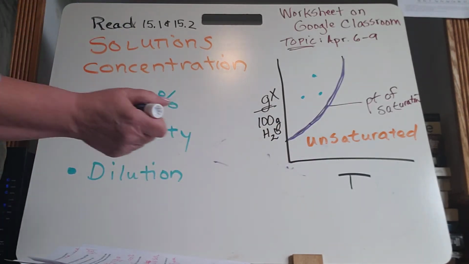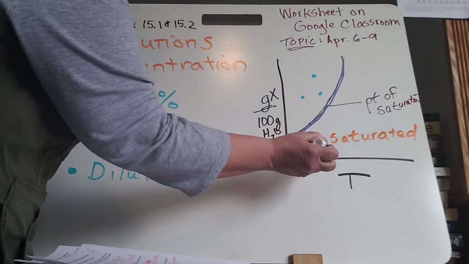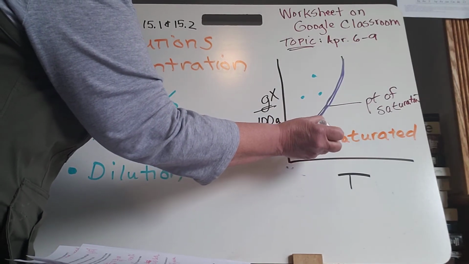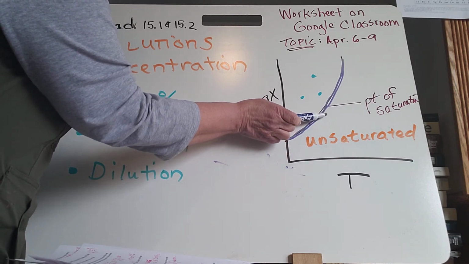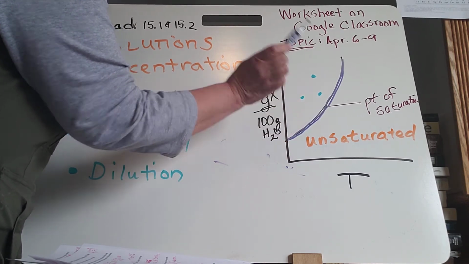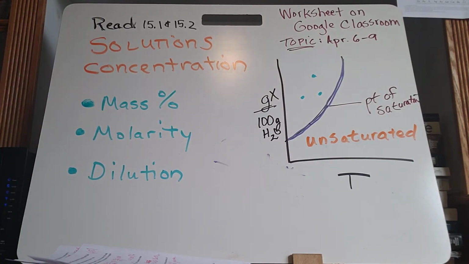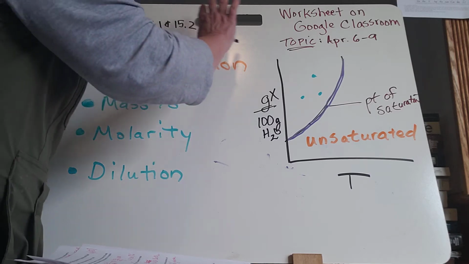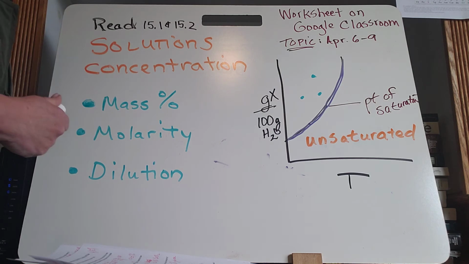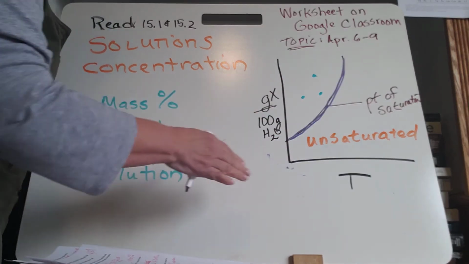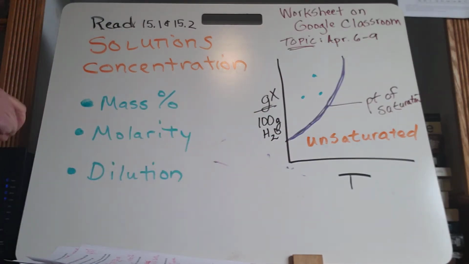So if I'm adding sugar to my water to make Kool-Aid, I'm adding sugar, unsaturated. Adding sugar, still unsaturated. Adding sugar, still unsaturated. But once I hit this line, I'm at saturation. Once you're at saturation, whatever I add, I keep adding more sugar, the sugar just goes to the bottom of the beaker or your pitcher or your glass, whatever you're using to make your Kool-Aid.